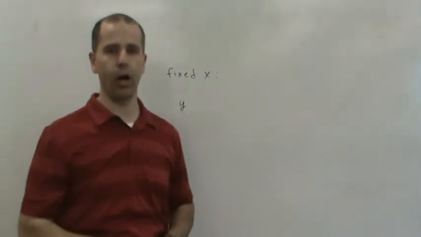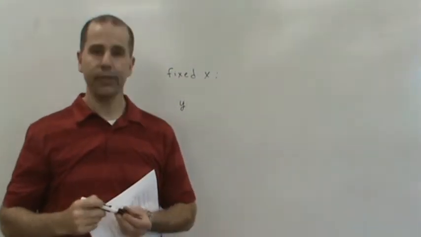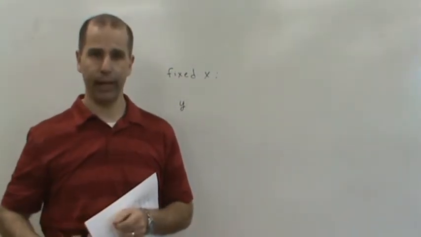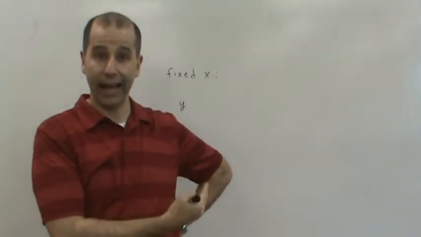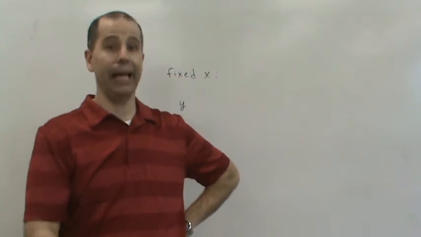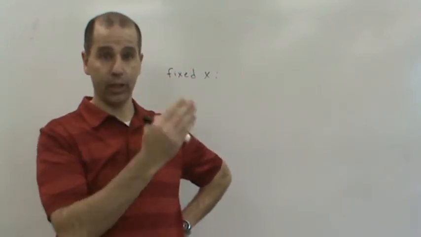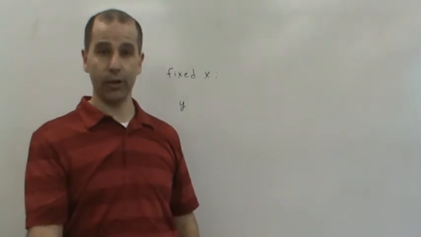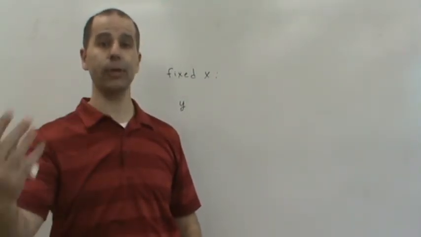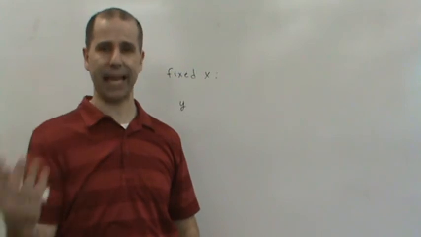Well, what do I mean by all y values? Remember, this is based on a sample. So if we take another sample, for that value of x, we might get a different value of y. And if we take another sample and look up this particular fixed value of x, it's going to be a different y value. We keep doing the sampling, so this is all based on sampling.